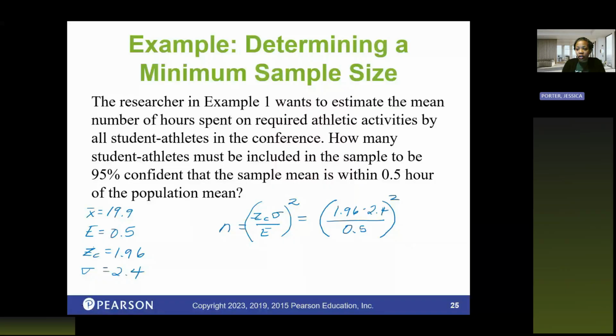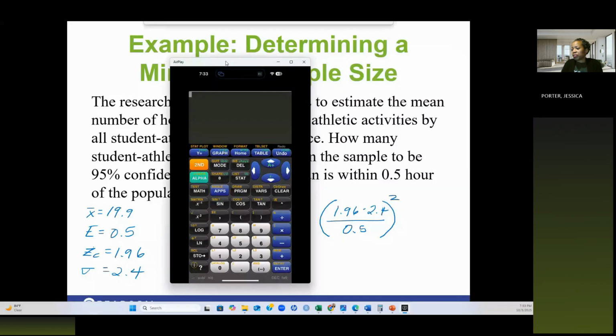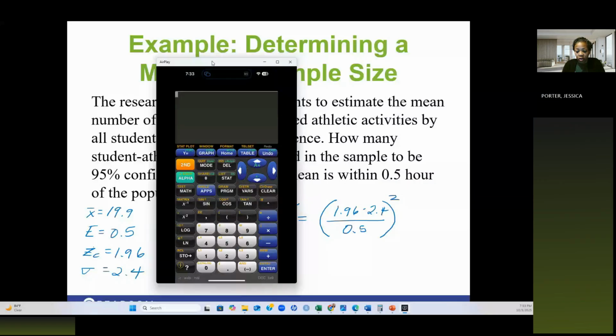Okay, so what is that number? Oh, cover the numbers up. We've got 1.96 times 2.4, divide that by 0.5, and then square that, and we get 88.51.